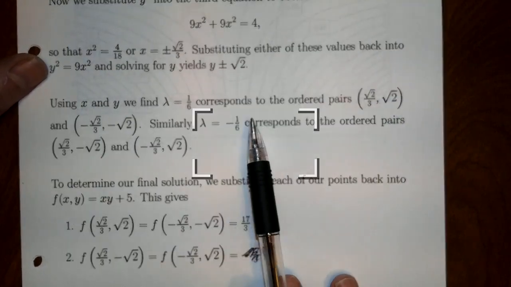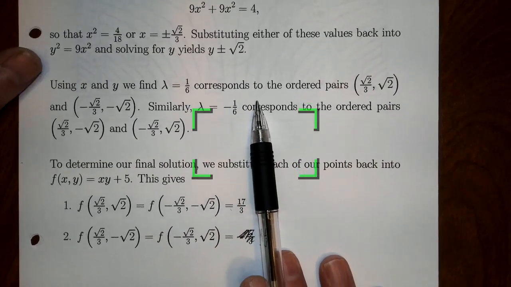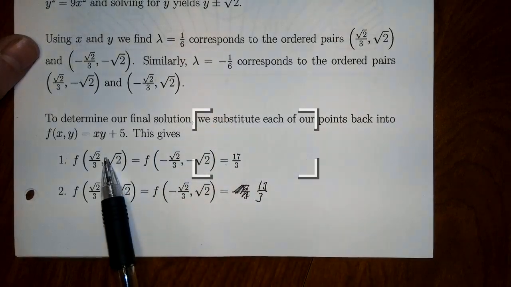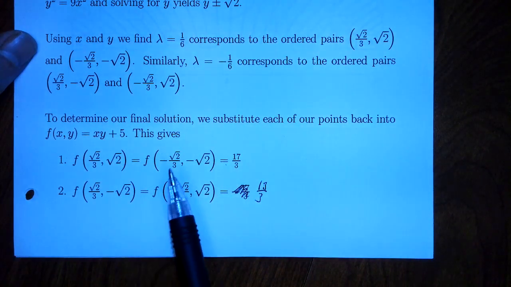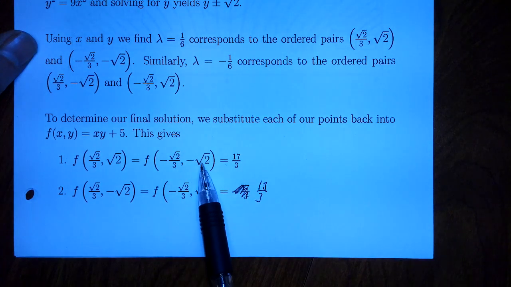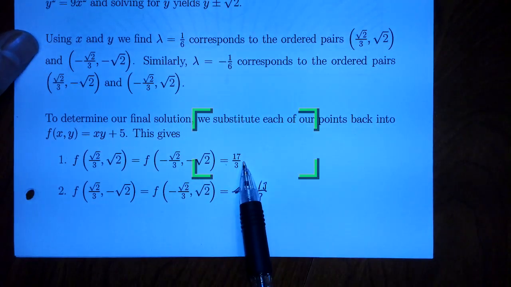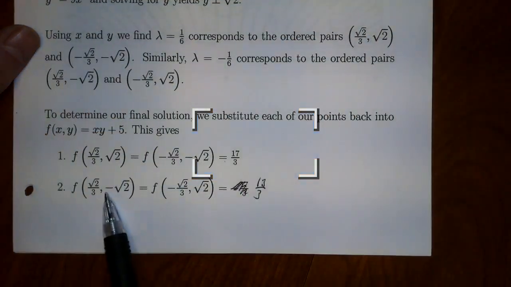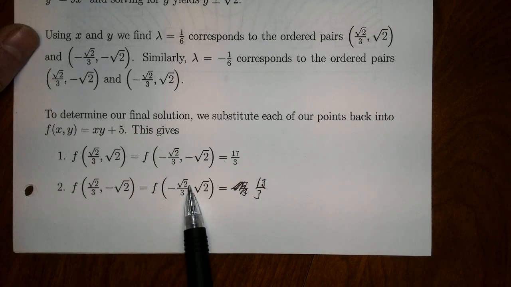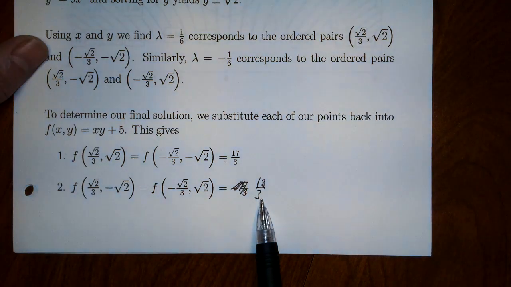The way to do that is to substitute that into the original value of f. If we substitute root 2 over 3, root 2 into f, or minus root 2 over 3, minus root 2, we get 17/3. On the other hand, if we substitute either of the other 2 ordered pairs into f, we get 13 over 3.